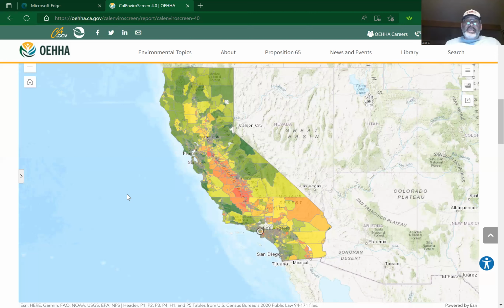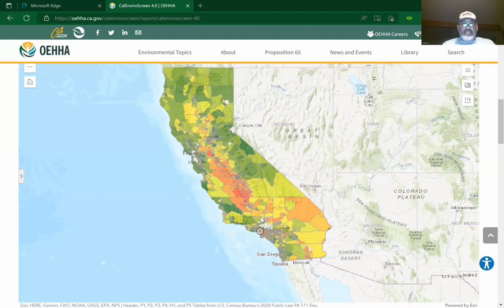So what we see here is a map of California, and if you can see my cursor, you see that the center there is the reddest and the orangest, and then down in LA, there's also some red and orange, as well as out here near the Mojave Desert, around Mexicali, Tijuana.